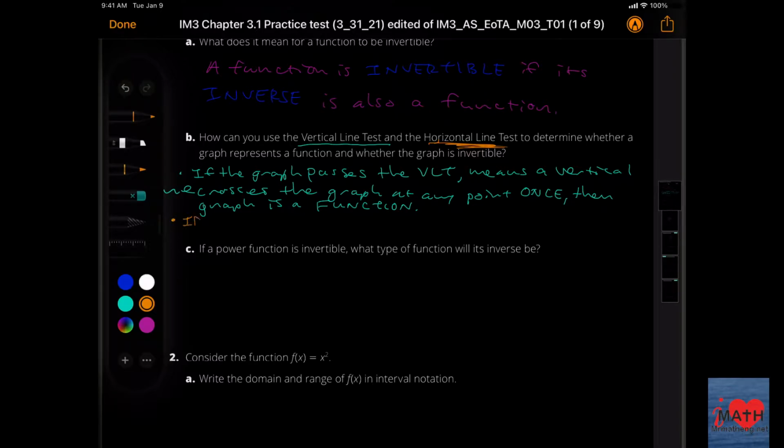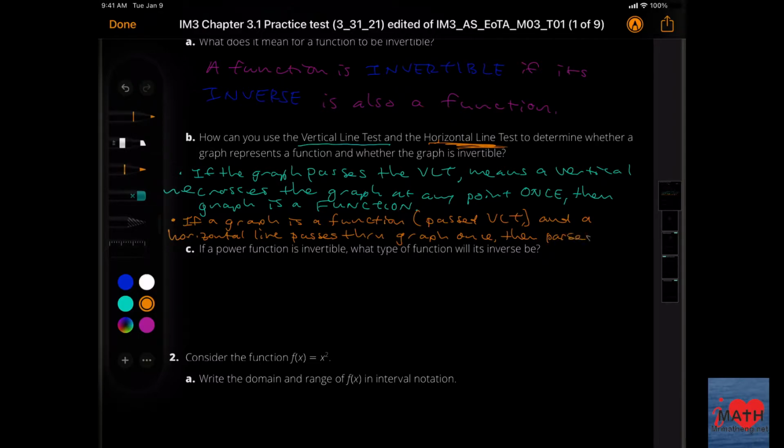Basically, if a graph is a function and it passed the VLT, and then now a horizontal line passes through the graph once, then it passes the horizontal line test, which means the graph has an inverse, or another word is it is invertible. Okay?